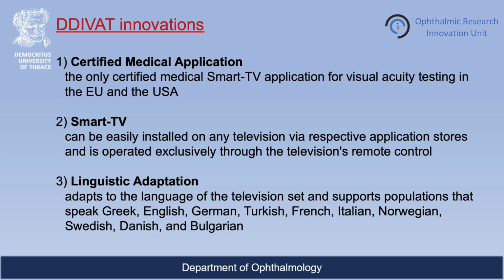Second, according to studies, television is considered the most familiar technological device for the general public. DVAT can be easily installed on any television via respective application stores and is operated exclusively through the television's remote control, like any other application or function. Finally, DVAT adapts to the language of the television set and supports populations that speak Greek, English, German, Turkish, French, Italian, Norwegian, Swedish, Danish, and Bulgarian.